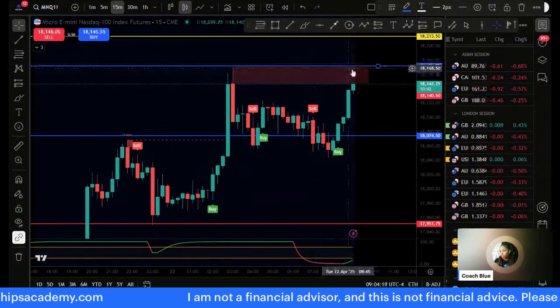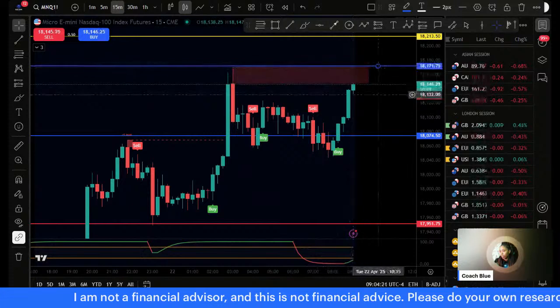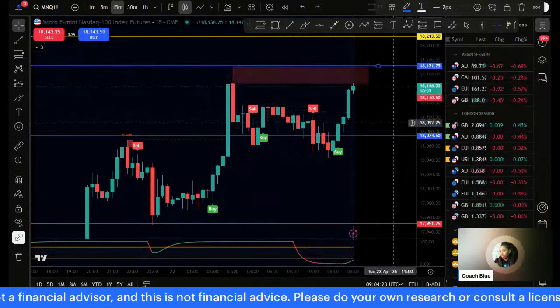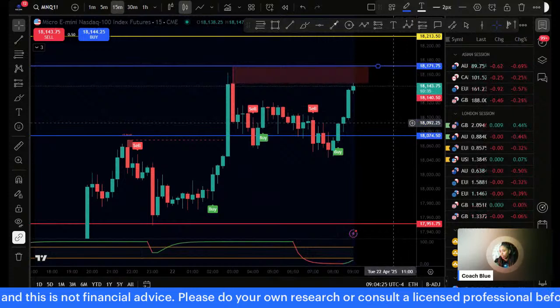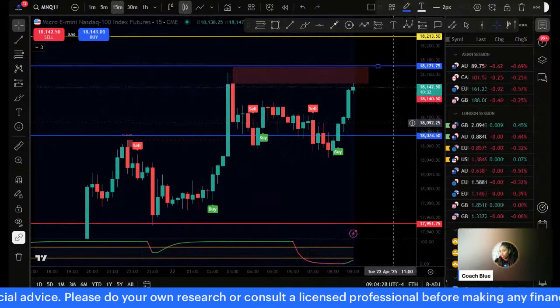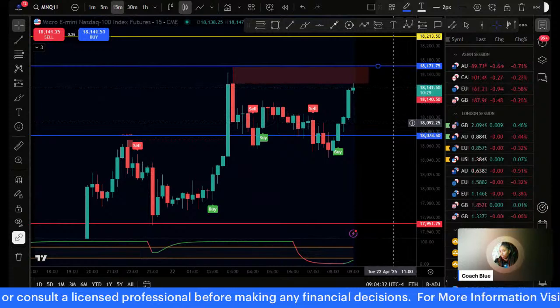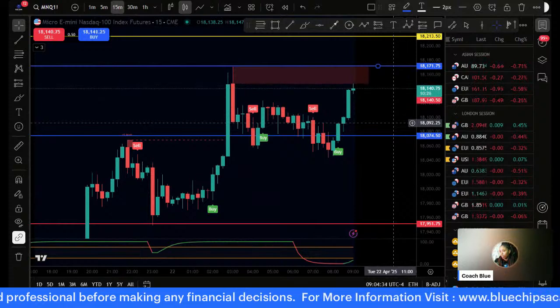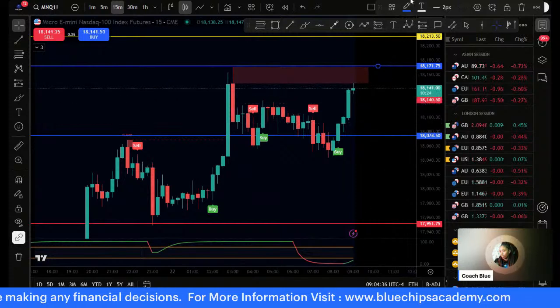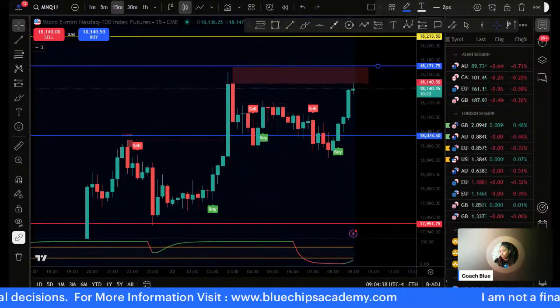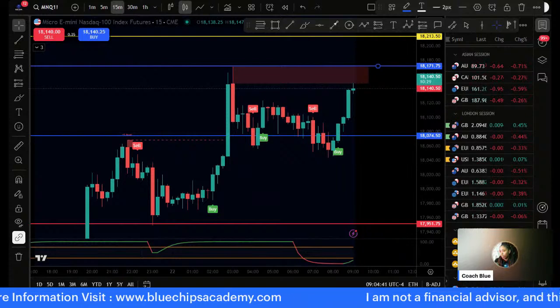So we're going to see how price responds at this 18,171.75 level. So while we're waiting for the market to open, I want to talk about what's going on in the market and how to adjust and how to pivot with what's happening in the market.